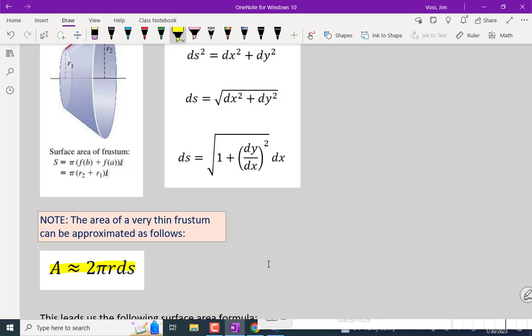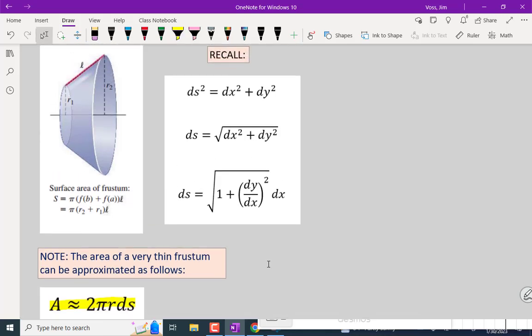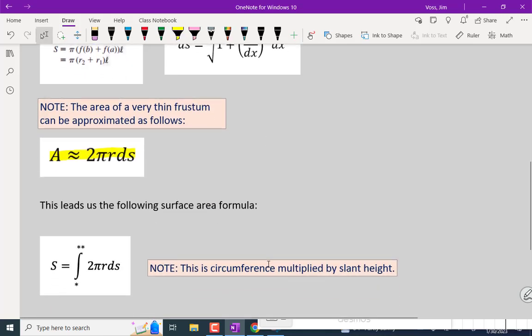The two R's become the same, so that's where the 2R comes from. So we have 2 pi R times ds. ds is the slant height, which we looked at a few minutes ago when we were doing arc length. ds is along the curve.